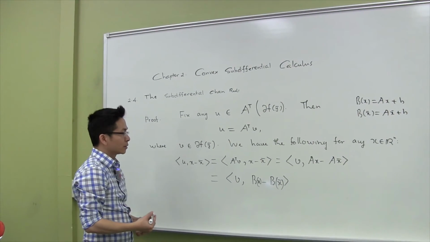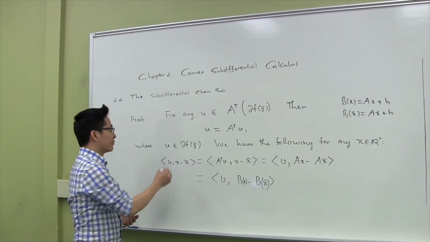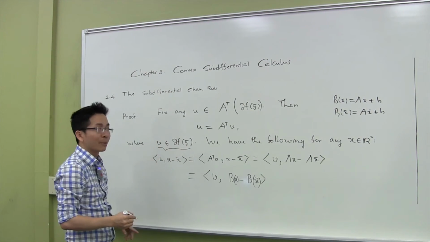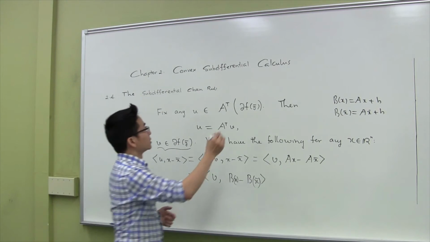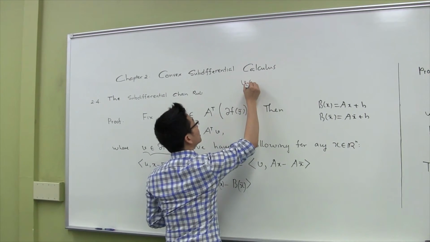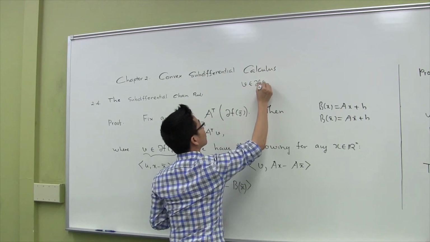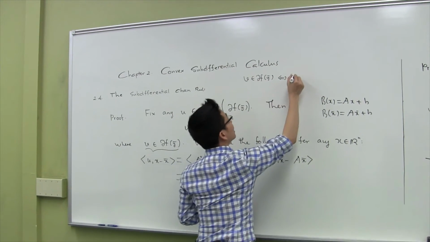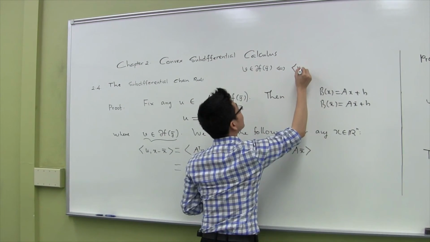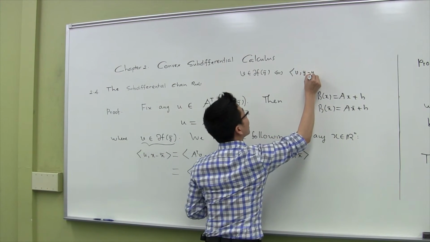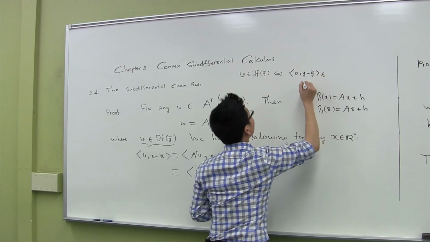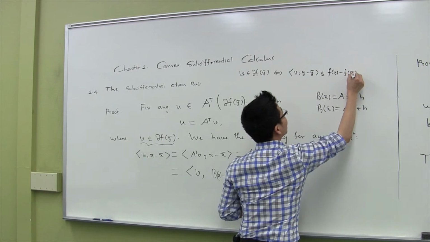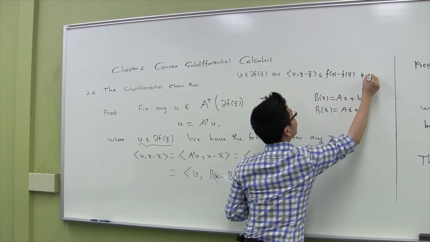Now, at this point, we are going to use the definition of the subdifferential of the function f at y bar. By the definition, V belongs to the subdifferential of f at y bar if and only if this is true. The inner product of V and y minus y bar is less than or equal to f of y minus f of y bar for all y in Rp.